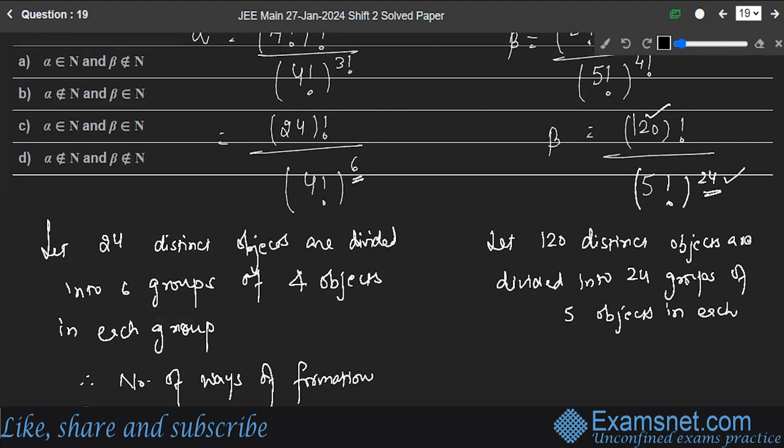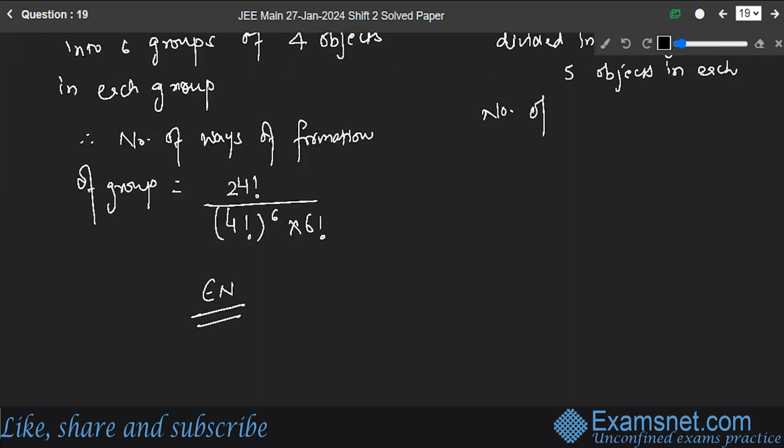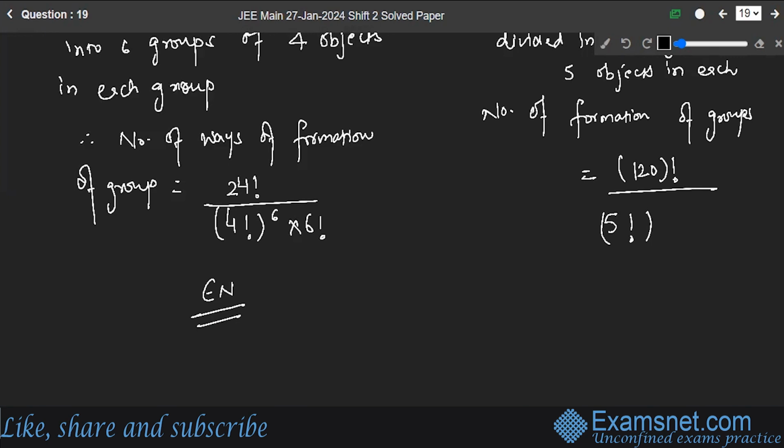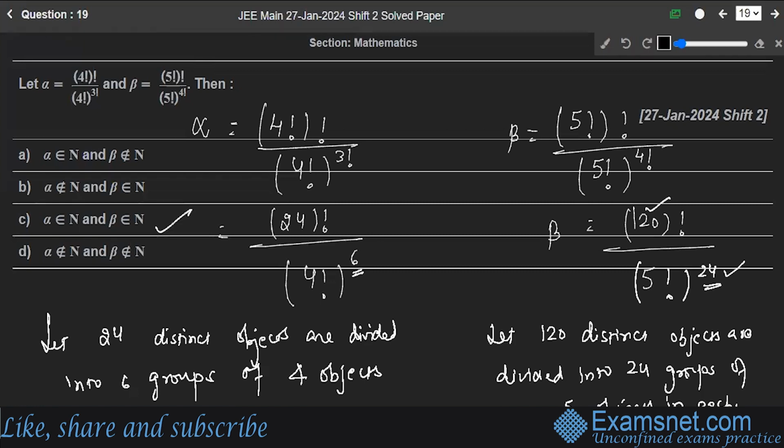So the number of formation of groups will be given by 120 factorial divided by 5 factorial, it was raised to 24, right? Multiplied by 24 factorial. This again belongs to natural numbers. So that makes which option is the correct answer? Let's check. Third one. C option is the right answer to the question. Hope you're clear with this one.